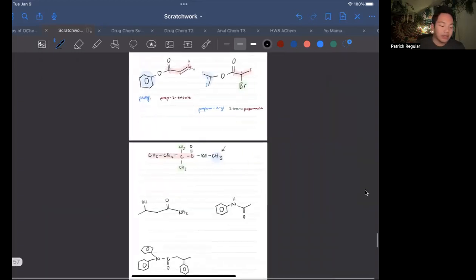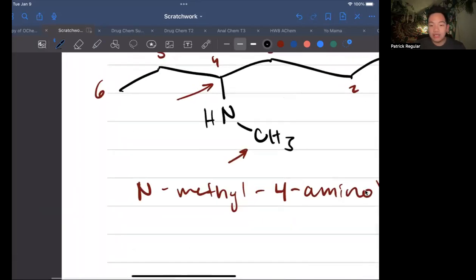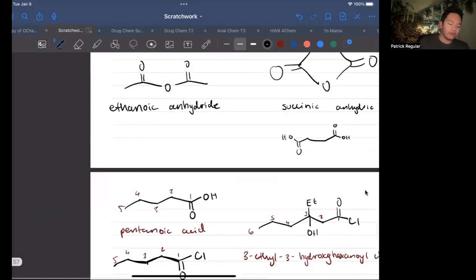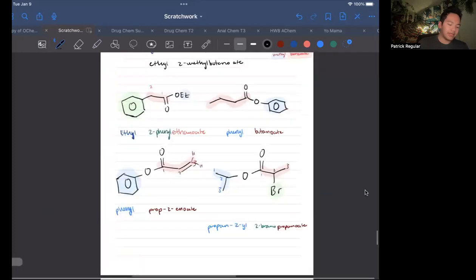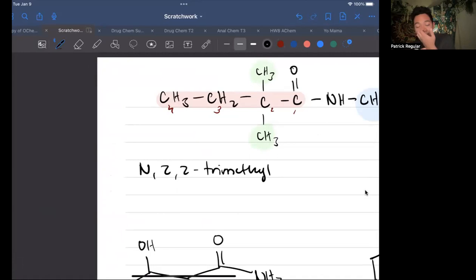If you remember up here, a substituted amine, you get not a number, but a letter N, meaning that the methyl is on the nitrogen. So I would name this as N, number this out, 1, 2, 3, 4, 2,2-trimethyl. And when you do a mix of letters and numbers, the letter must come first.